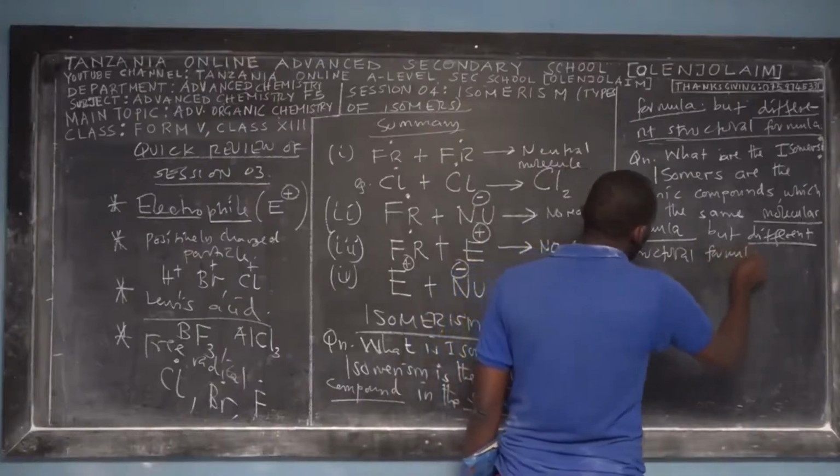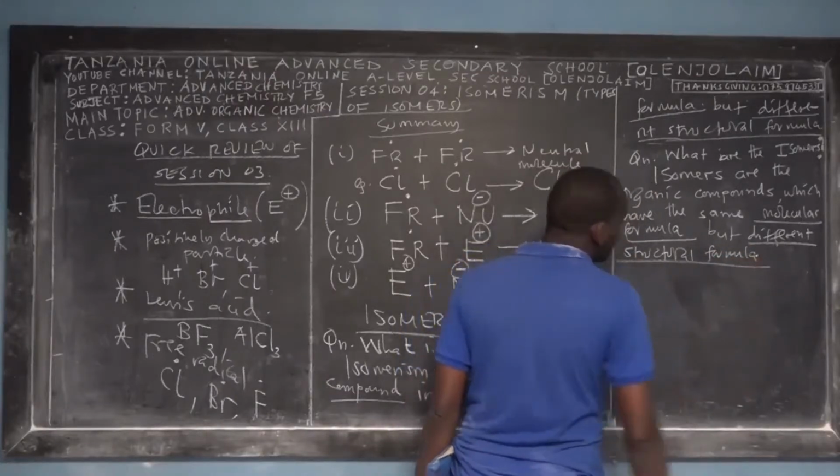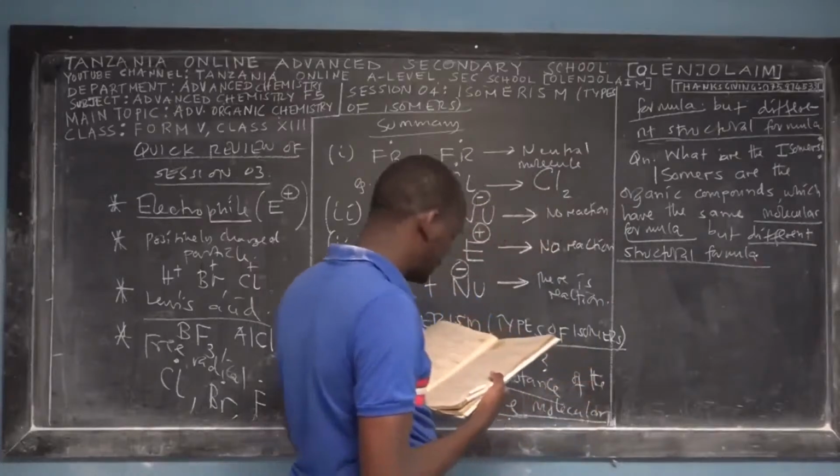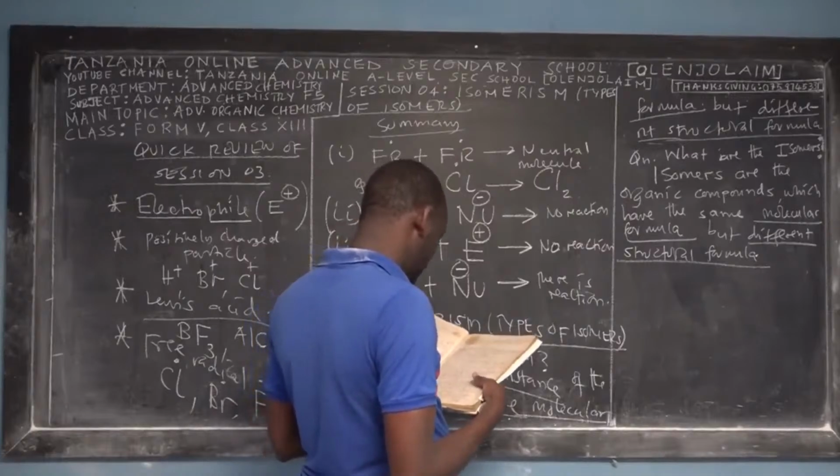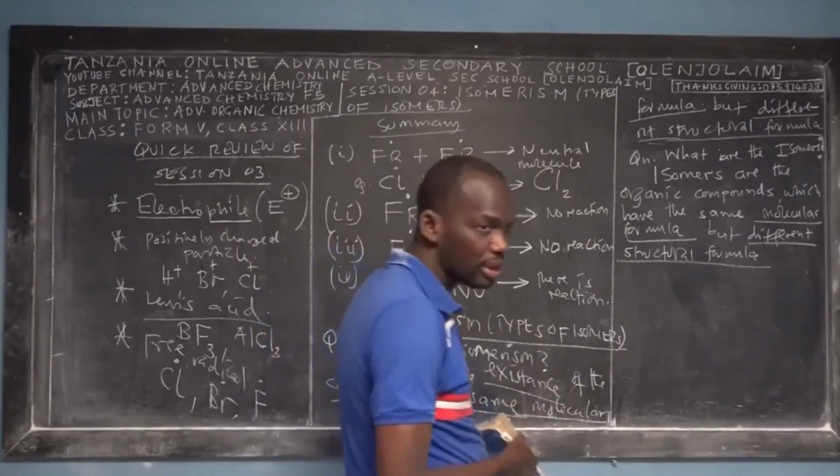And I will mention some examples soon. So isomers are the compounds which have the same molecular formula but different structural formula.